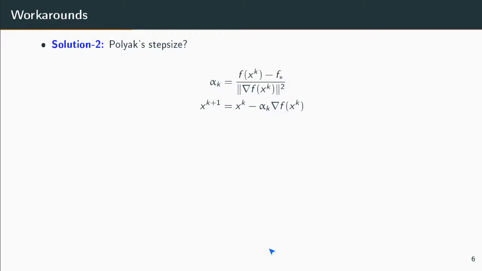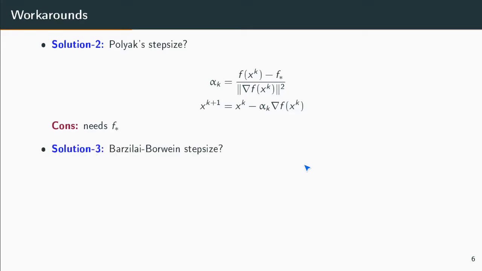This method is quite good, but unfortunately, it requires us to know the optimal value. There are only a few problems of practical interest where we indeed know f star. In general, this constant is not available to us, so that's why it's not very practical. But if you know f star, it's really a good idea to try the Polyak step size.